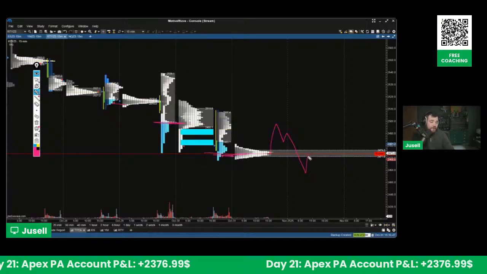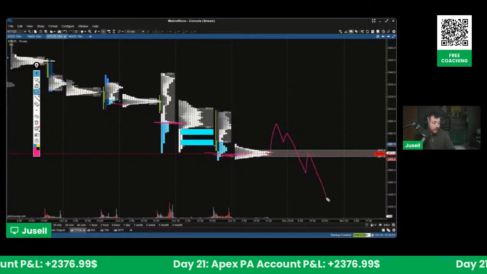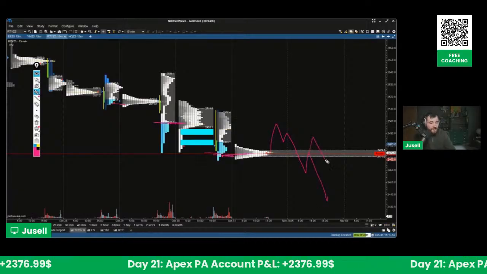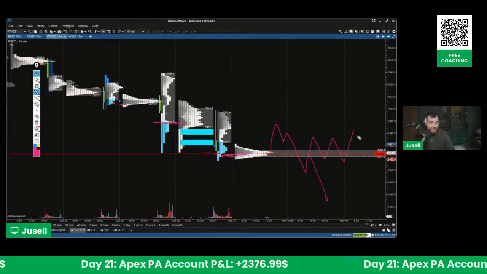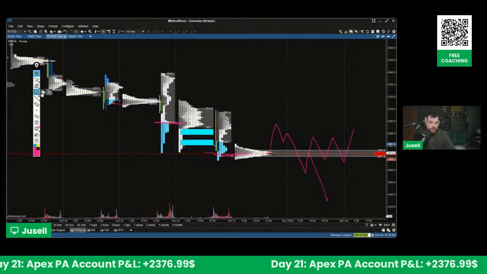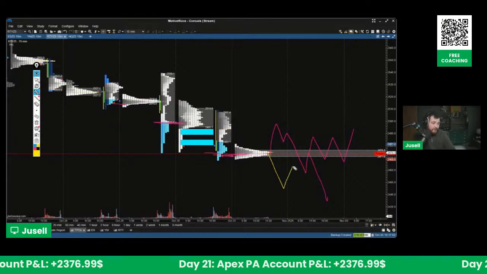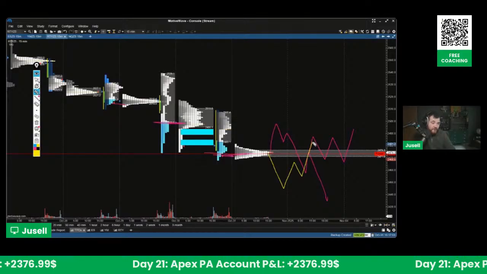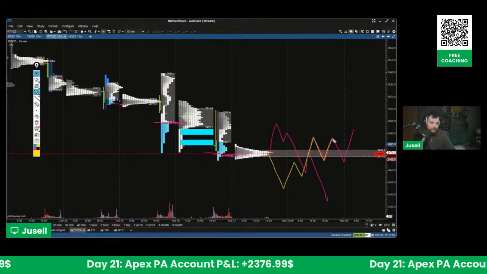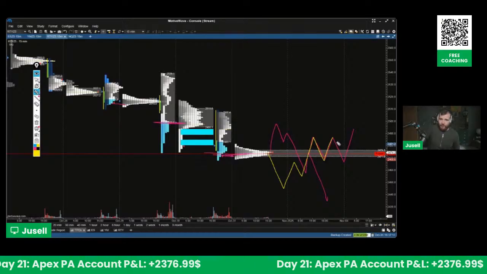Then after that, what happens? I have no clue. We could fall down, or we could balance out in these areas again. I think both options are valid. If we would have a bullish scenario, we would run these levels and find ourselves back into balance. That is the bullish scenario on RTY.